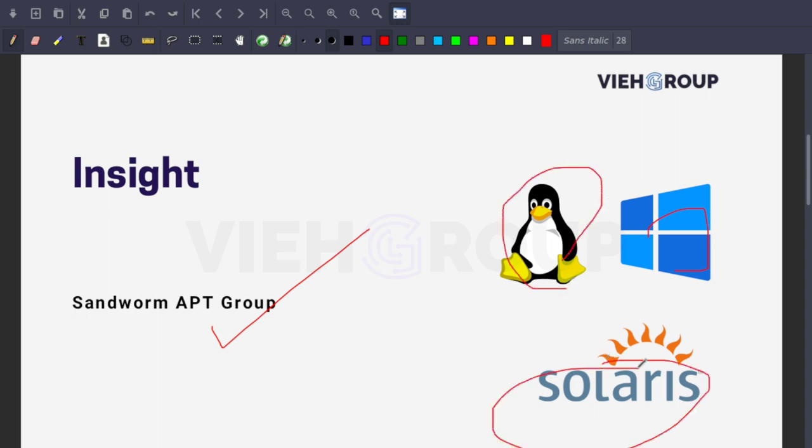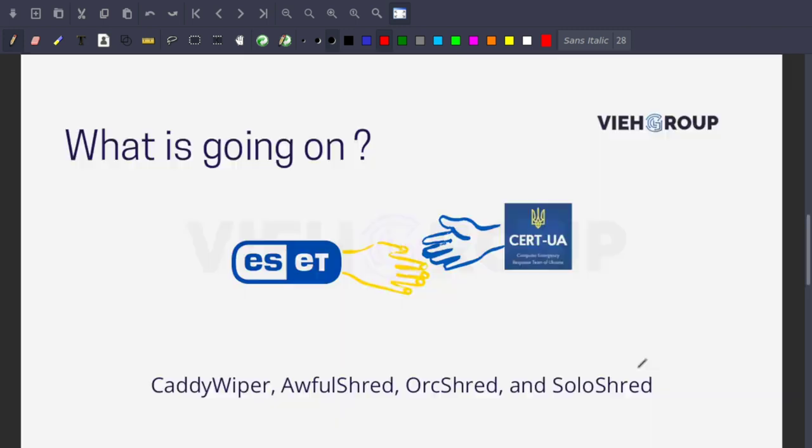Okay, so let's understand what's going on over there. As we all know, ESET is a very good company. ESET researchers and the CERT team recently collaborated in Ukraine and spotted the updated version of Industroyer, which was dubbed Industroyer 2.